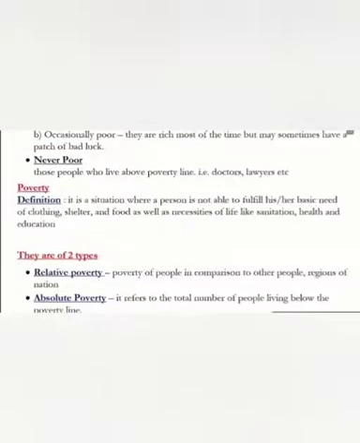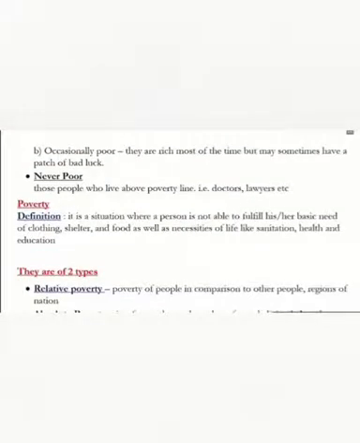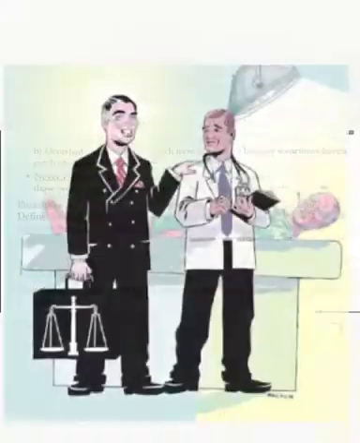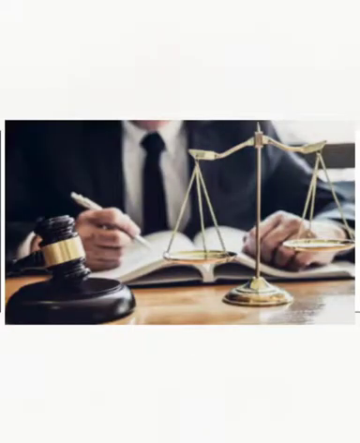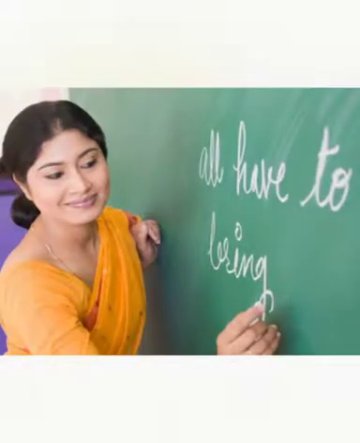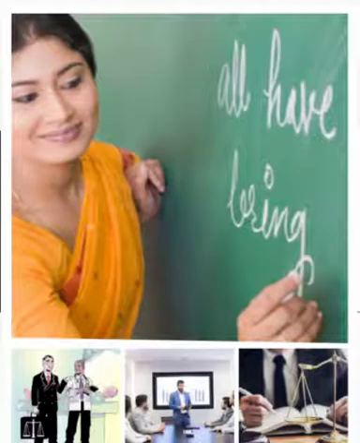The second type of transient poor is occasionally poor. They are rich most of the time, but may sometimes have a patch of bad luck. Another is never poor. Those people live above the poverty line, for example doctors, lawyers, etc.